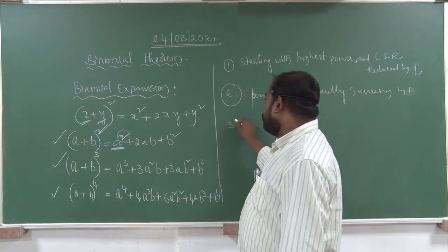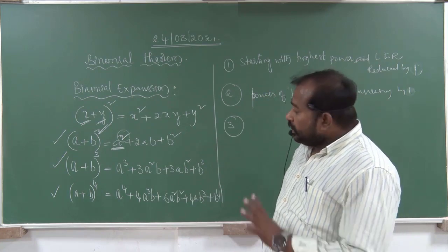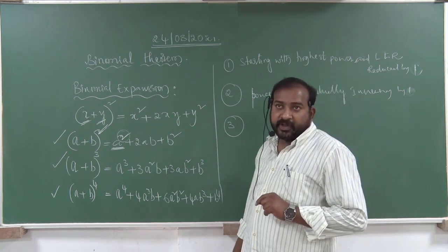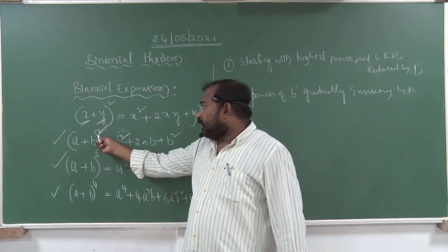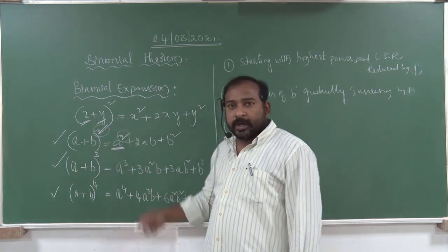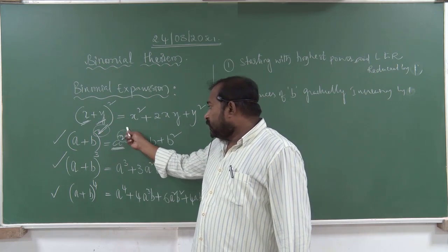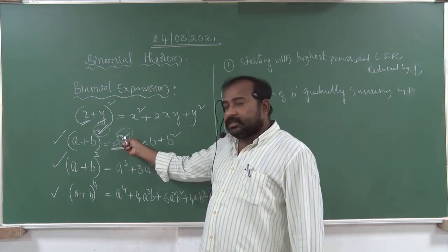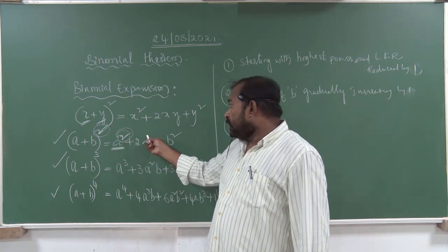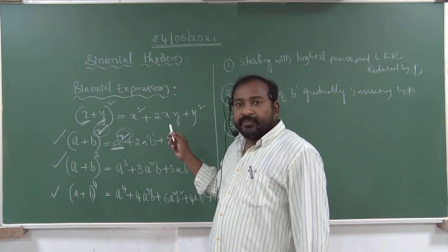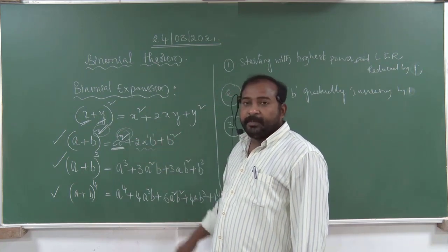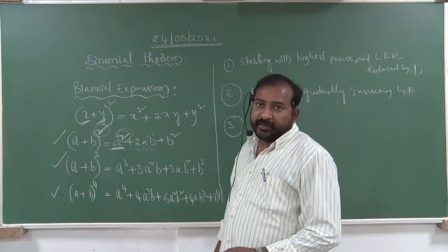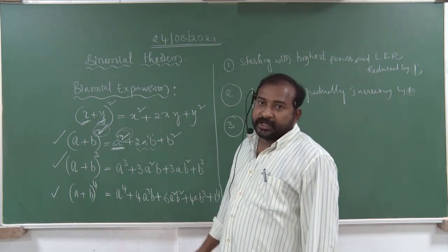Next, the third observation. In every term, what is the sum of the powers? For example, here (a + b)^2 is there, so the degree of this term is second degree. Since a^2 is there; here a^1, b^1, so in this term also the sum of the powers is equal to 2. Same here also, b^2 second degree.